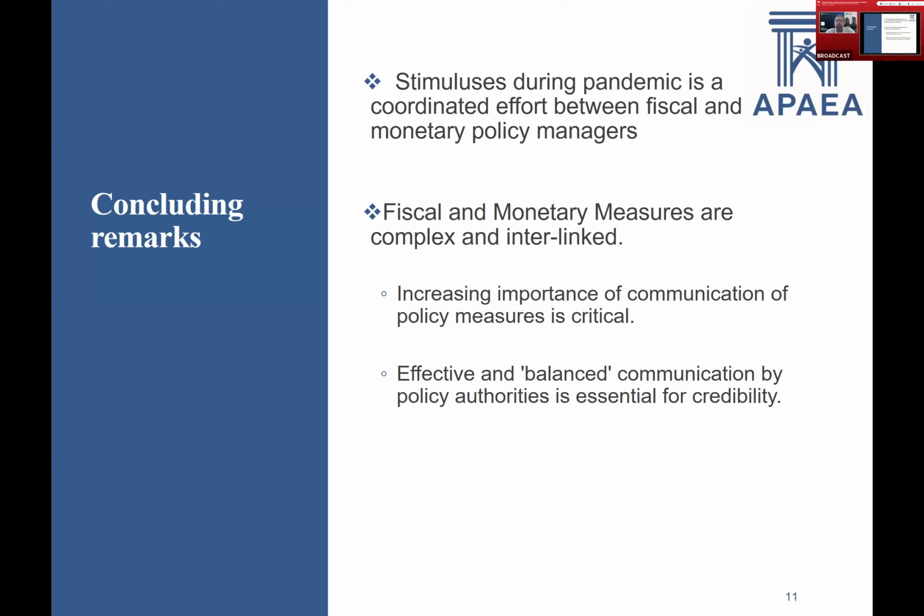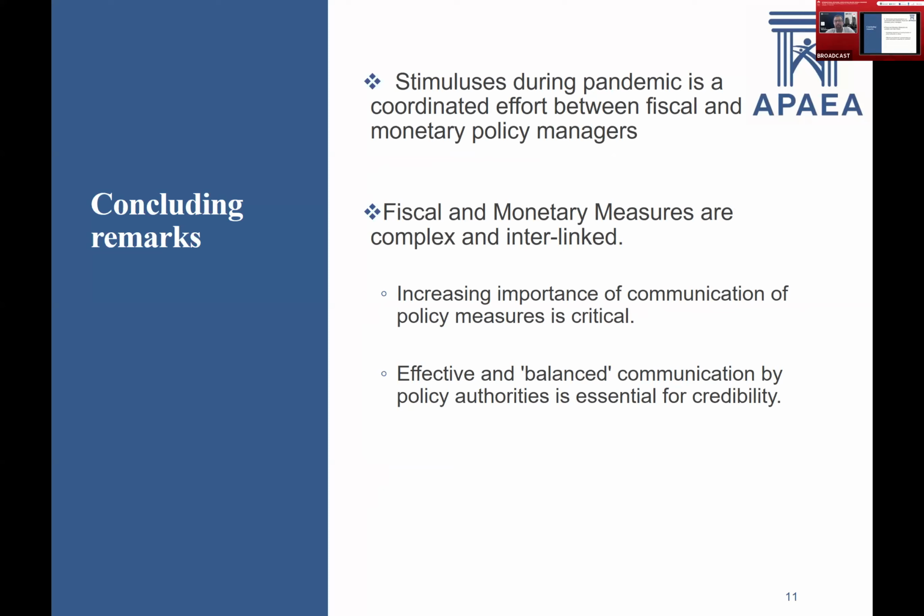But when we look at the bigger picture, the stimuluses which have been undertaken during the pandemic have primarily been coordinated between fiscal and monetary policy measures, because the fiscal and monetary measures are complex and interlinked.